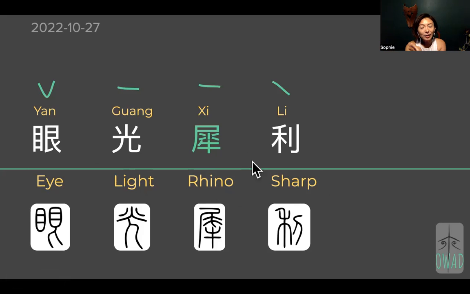Okay, 犀利. So we have rhino, and it pairs with 利, our sharp symbol. The sharp symbol comes from this crop symbol, with the top bent like that.